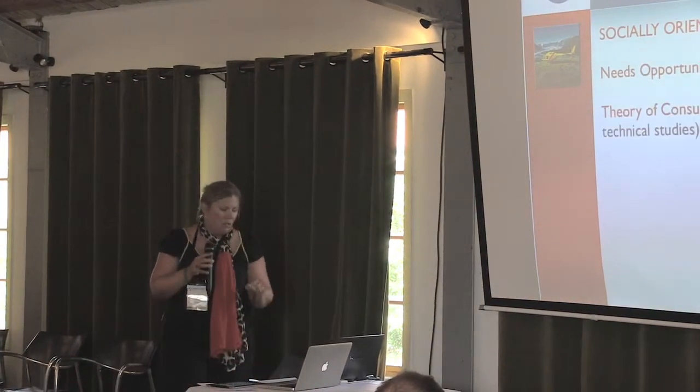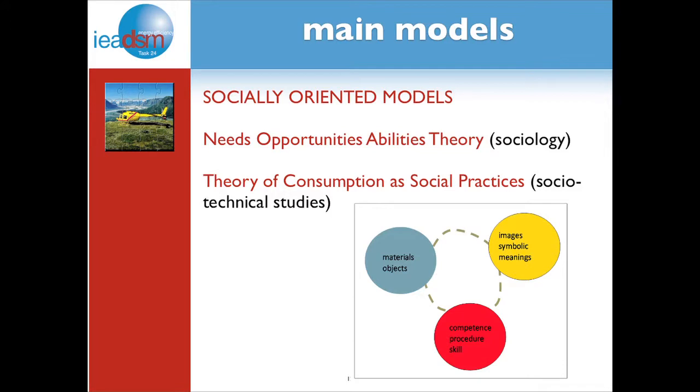Now, the other one, which is a completely different way of looking at this, which is what the sociologists do, and they're called the socially oriented models. Now, in the needs, opportunities, abilities theory, it basically means that you include factors that are external to an individual, and then the abilities are like the internal factors.